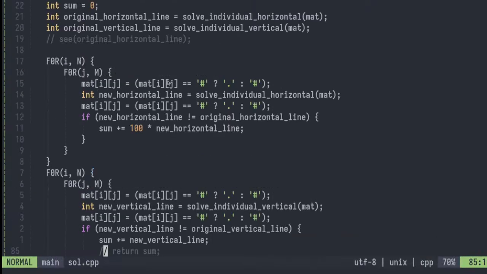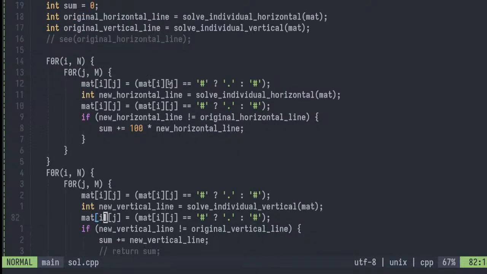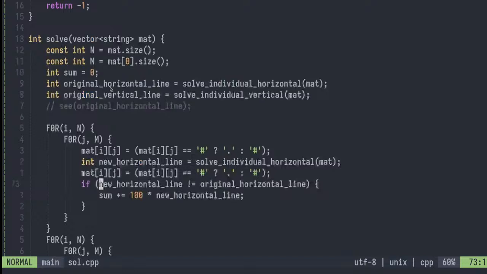Why is it going negative? I mean, if this is -1 in that case. Right.